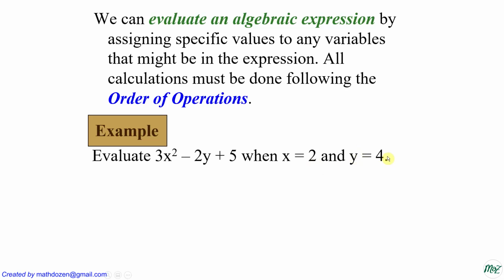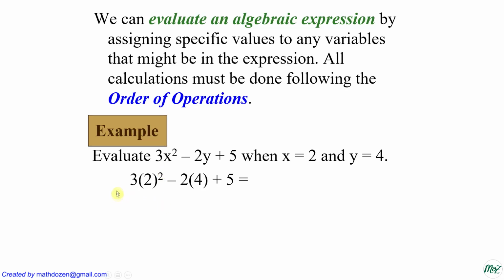So if we rewrite, that's going to look like 3 times 2 squared. So instead of x, we plugged in 2, and then 2 times y. So instead of y, we plugged in 4. Just in case, we wrote parentheses because for the first part of the expression, we need to apply square. And sometimes if you have negative numbers, the parentheses help a lot.